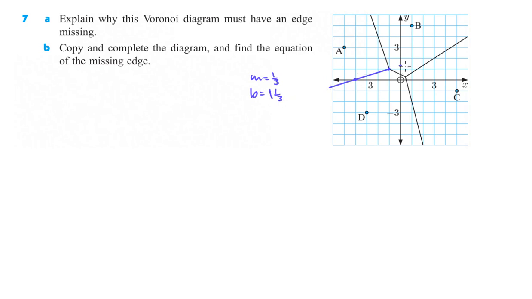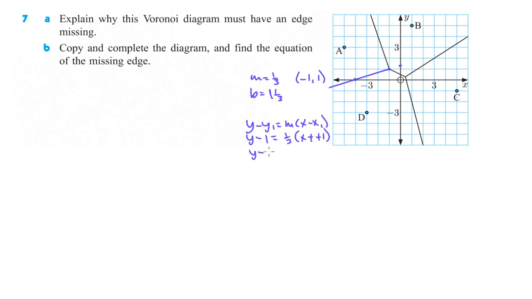If you weren't able to figure that out, again, you can plug the slope 1/3 and the point (-1, 1) into the point-slope formula. y minus y1 equals m times x minus x1. y minus 1 equals 1/3 times x minus -1.